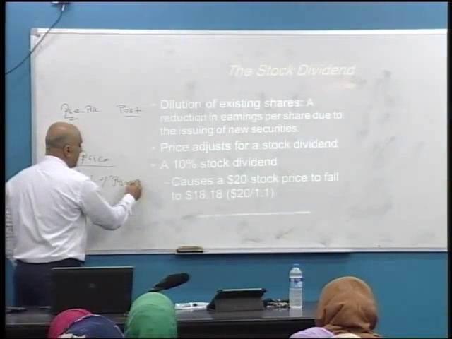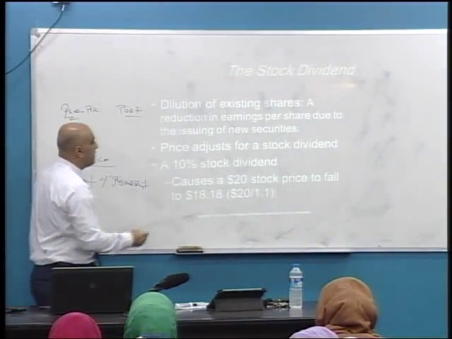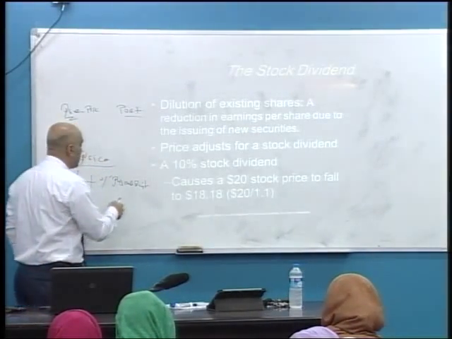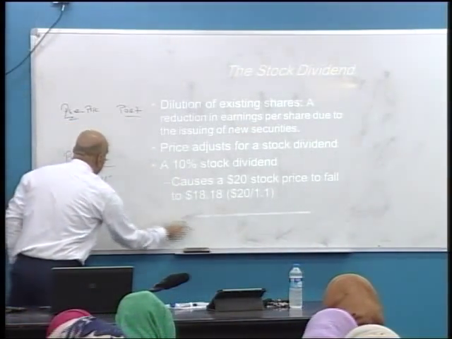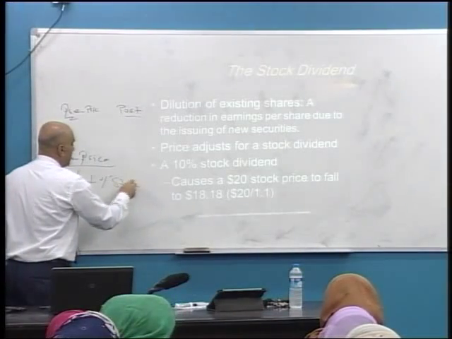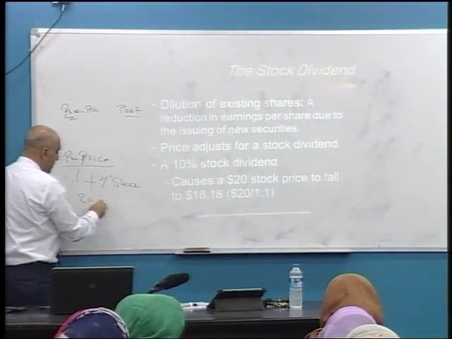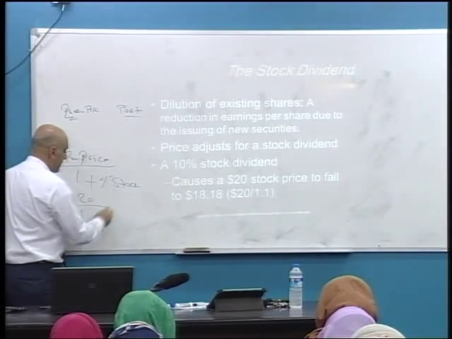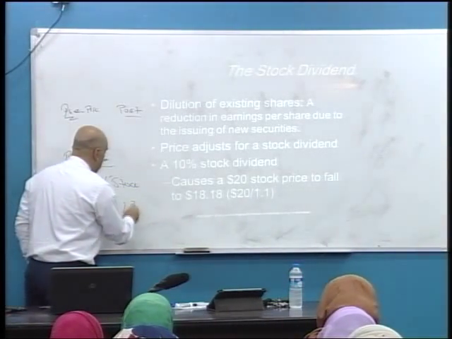The stock dividends ratio is 10%. So $20 divided by 1.10, which is equal to 18.18.